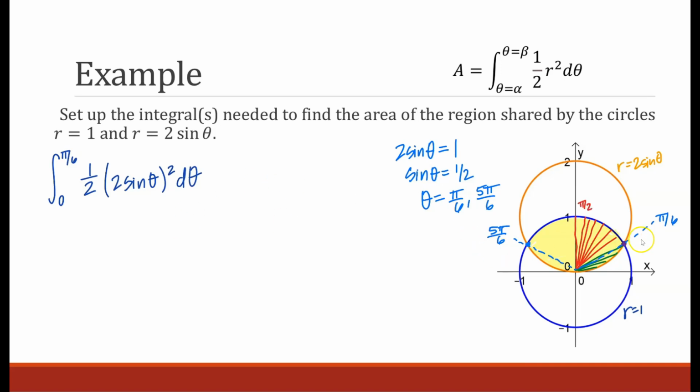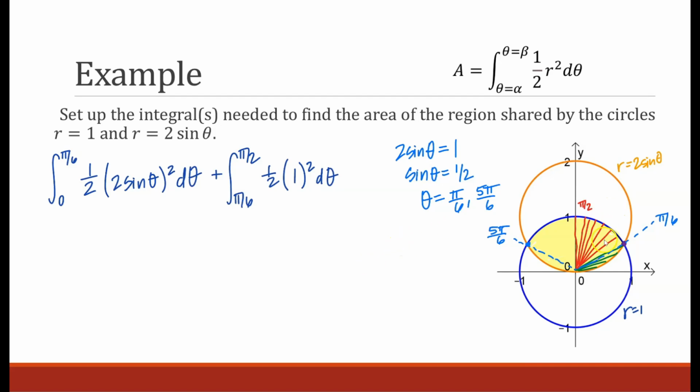So I'm going to go ahead and set up an integral that finds the rest of this little area here from pi over 6 to pi over 2. So we're going to have plus the integral from pi over 6 to pi over 2 of 1/2. Our r value this time is just 1, so 1 squared d theta.